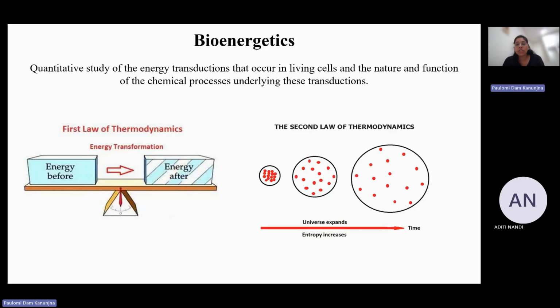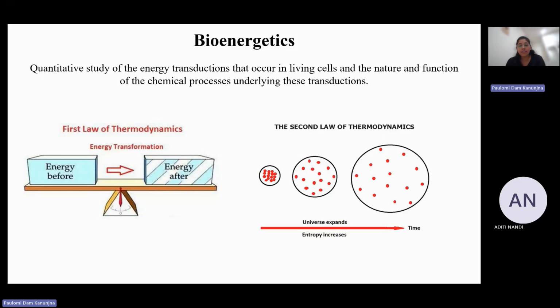The second law of thermodynamics talks about the tendency of the universe to expand, so to increase its entropy, right? Now if you look at living organisms, the cells are quite well defined and structured. So you would expect them to be in a well organized manner.